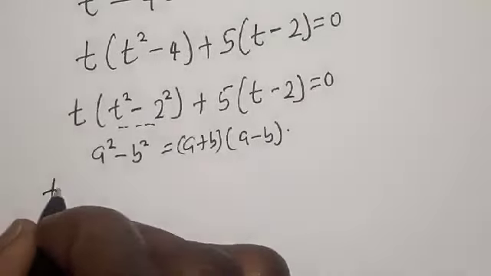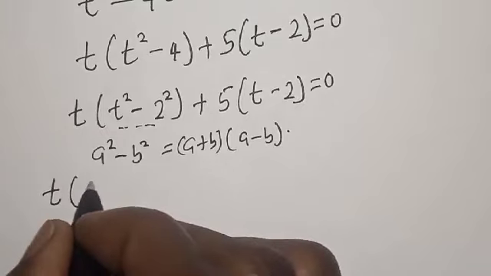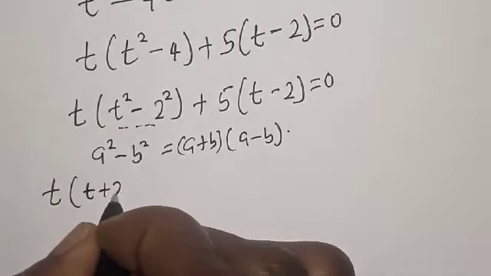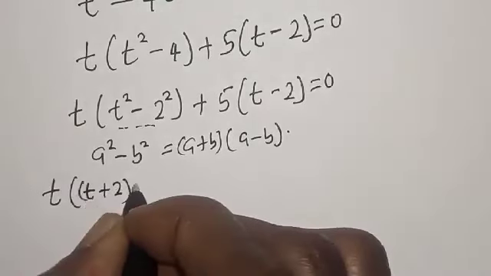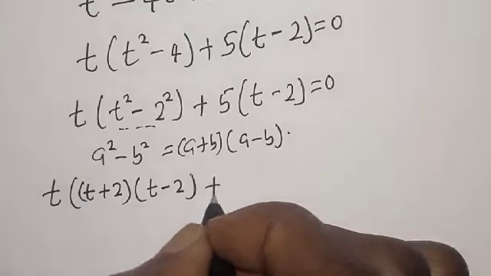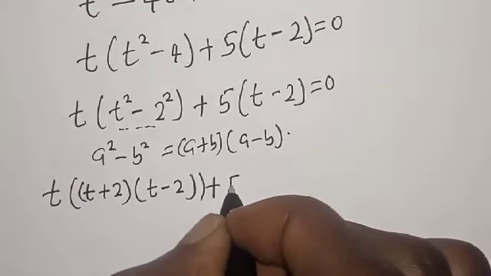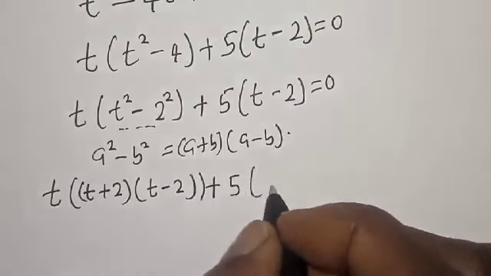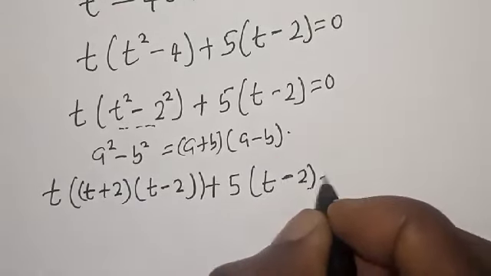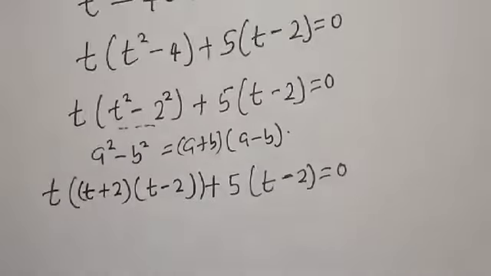Now we have t into t plus 2 multiplied by t minus 2 plus 5 into t minus 2 is equal to 0.